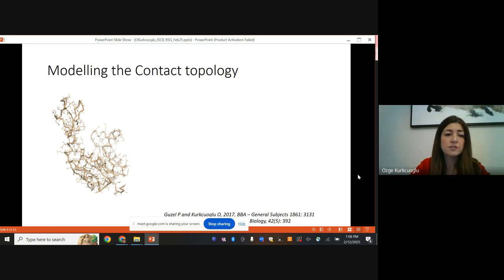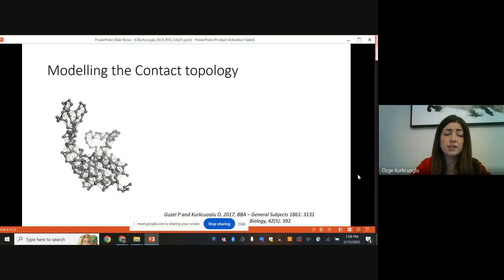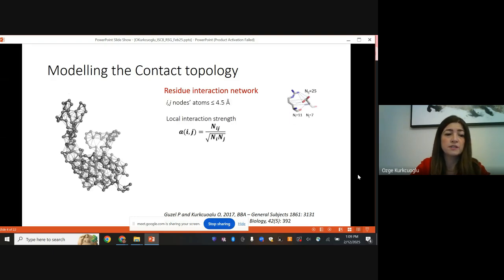We start with the three-dimensional structure of the protein, either taken from experimental data or from models, such as from molecular dynamics simulations. And then we describe the structure as a network of nodes linked by edges. Nodes are placed on alpha carbons or phosphorus atoms, if there are any nucleotides present in the structure.